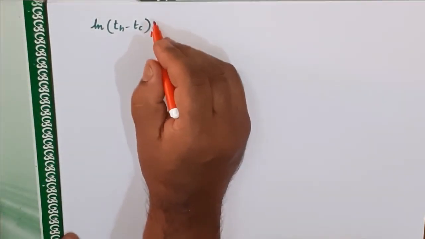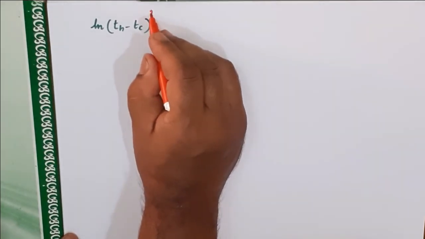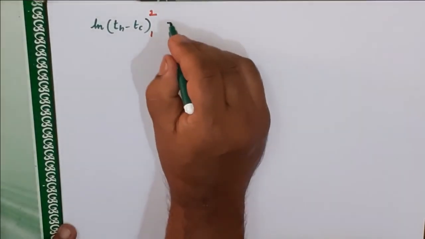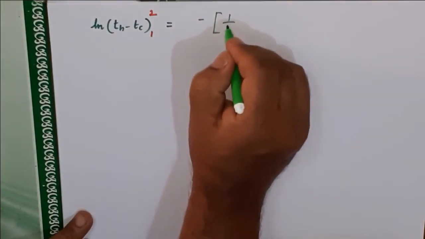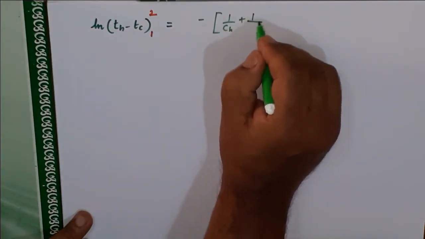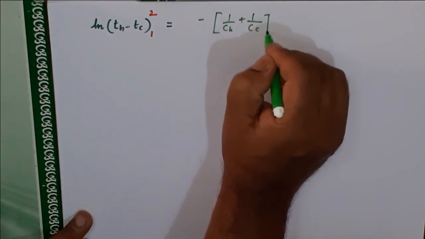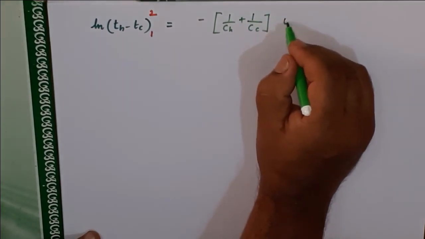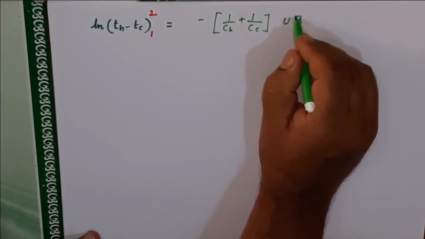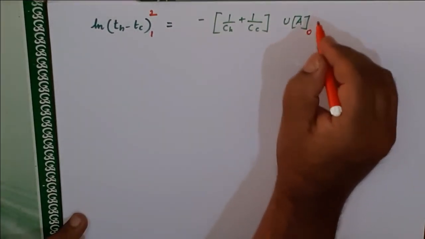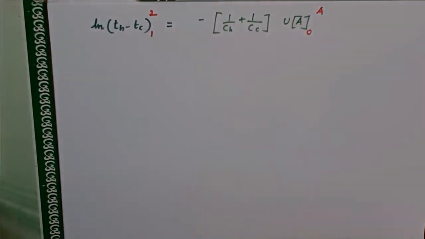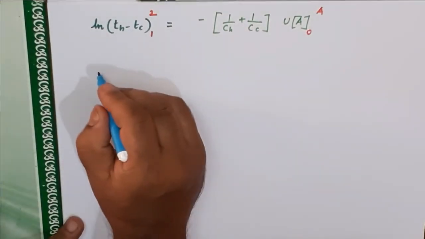Hot fluid inlet is 1, cold fluid inlet is 1, hot fluid exit is 2, cold fluid exit is 2, is equal to minus within bracket heat capacity rate of hot fluid, heat capacity rate of cold fluid, into U, integration of dA is A, and the limit is set from 0 to A. So thus you get this as ln of T, you apply the limit.